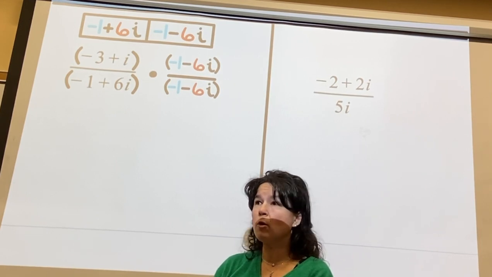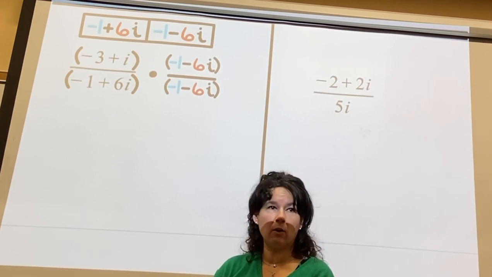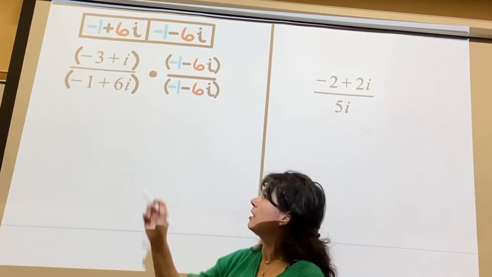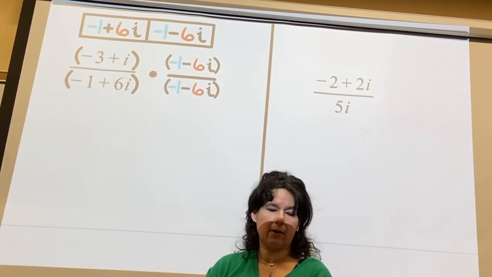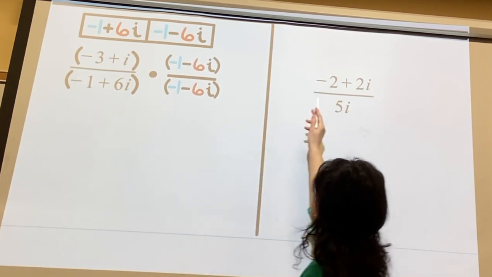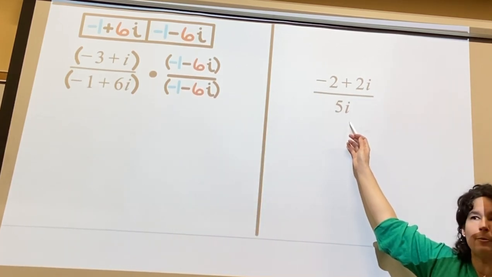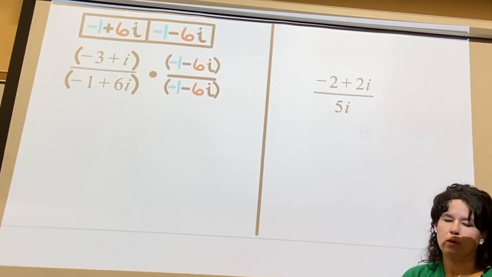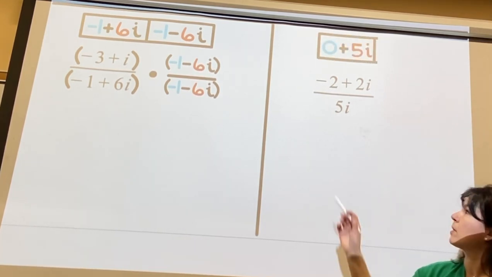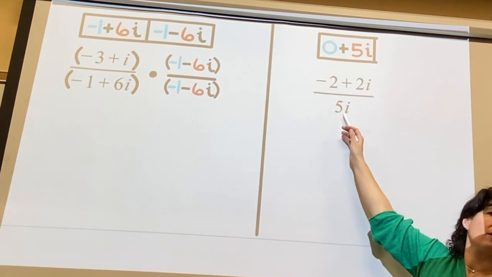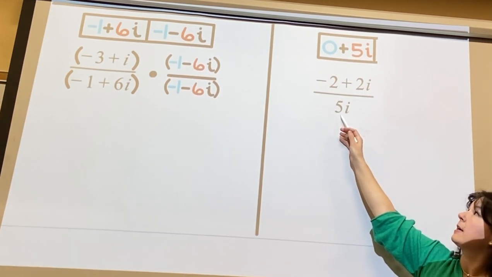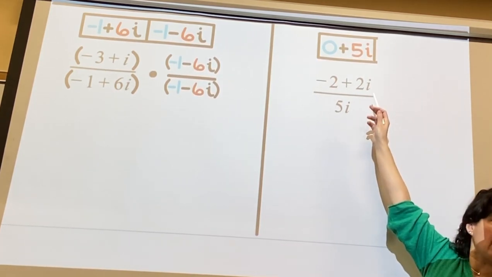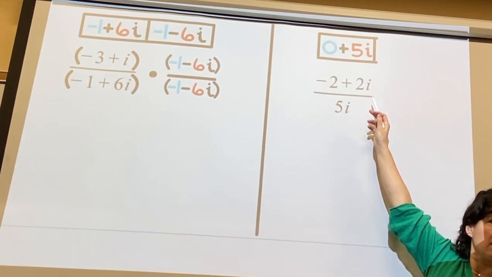I'll come back in a moment if you want me to finish that one out, but getting it started, being able to FOIL those together. Okay, so this one right here, it may not be as obvious, the conjugate. But if we rewrite that looking like a plus bi, we would have 0 plus 5i.